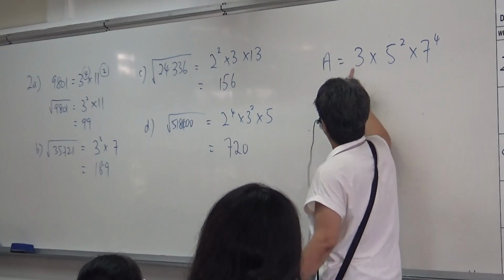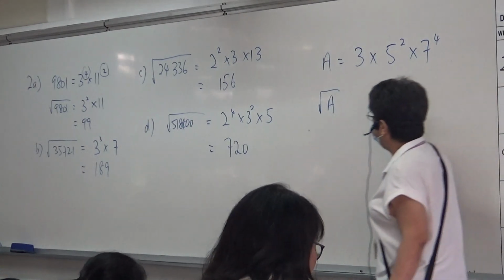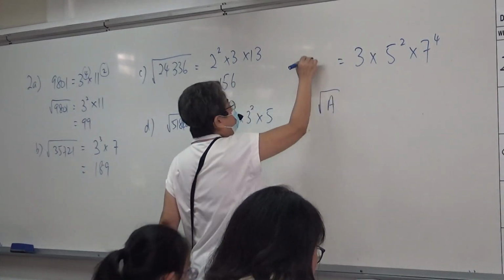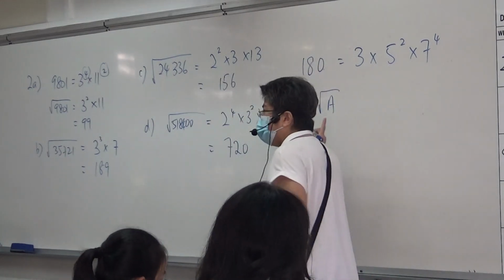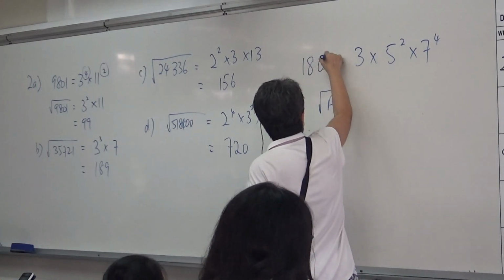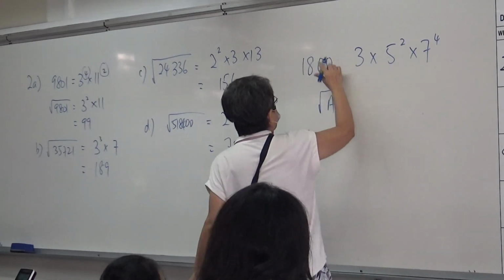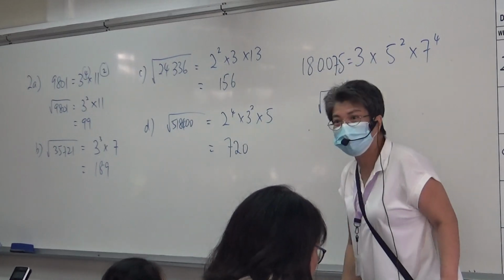Okay, can all of you think of it? What's 3 times 5 squared times 7 to the power of 4? 180, how many 0? 7, 5, is it correct? Use your calculator and help me. Is this correct?